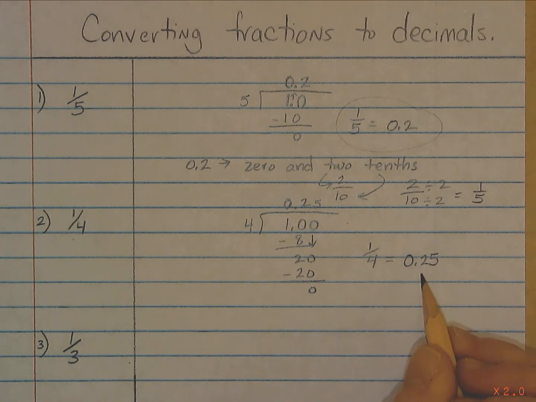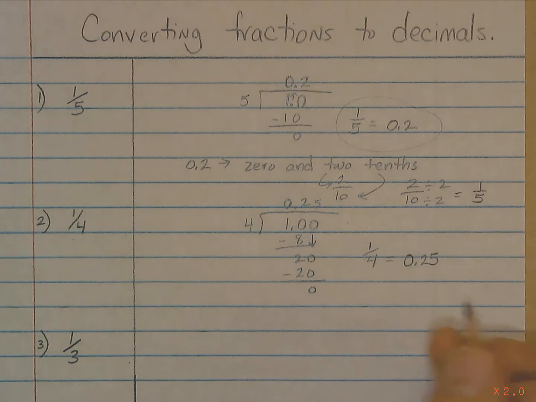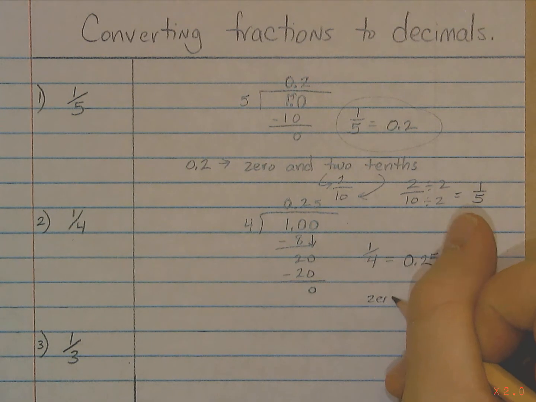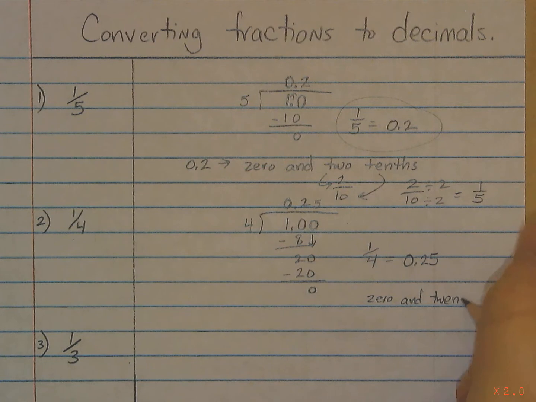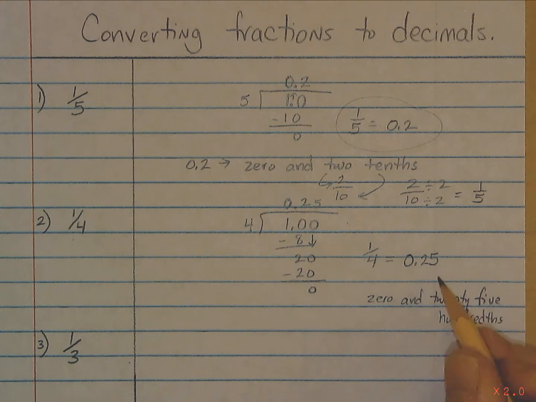If you were to read this again, it's 25. So I typically read it like this: 0 and 25 hundredths. Because the 5 is in the hundredths place. That's why we read it as hundredths.